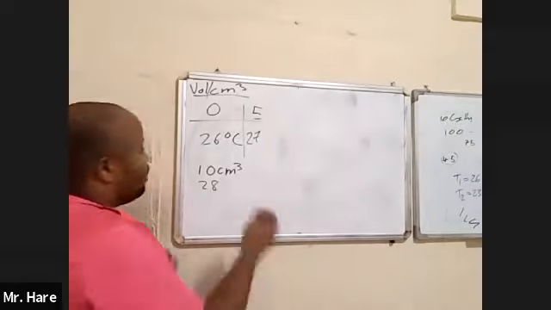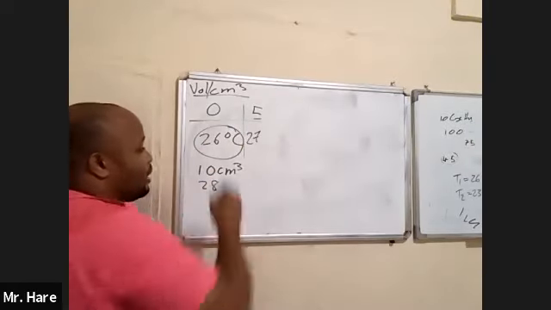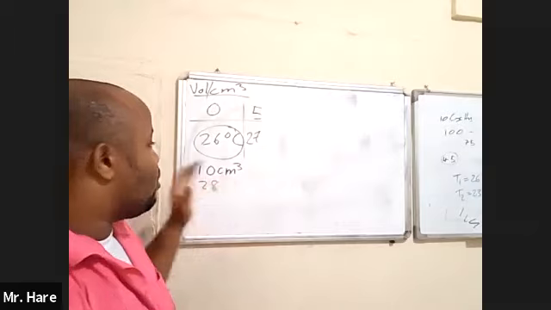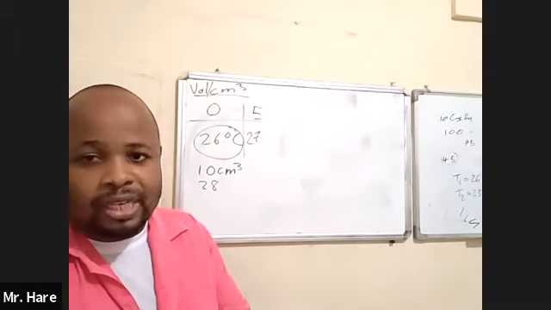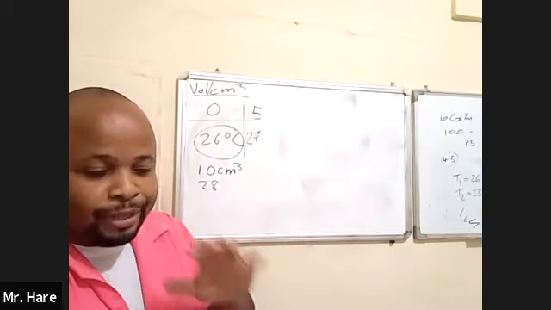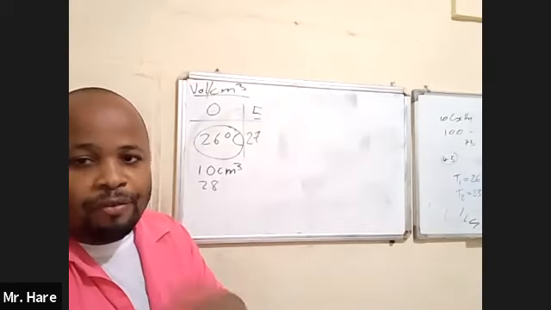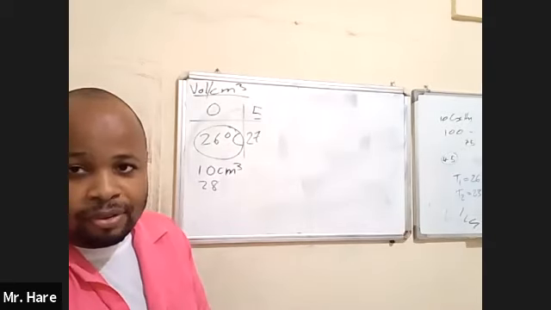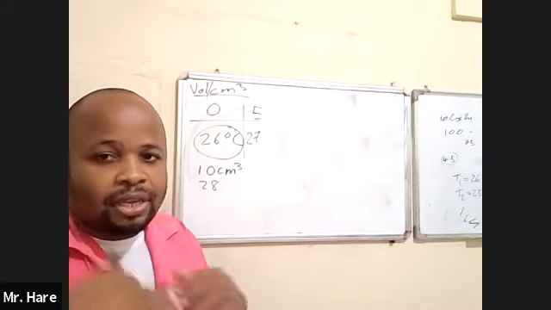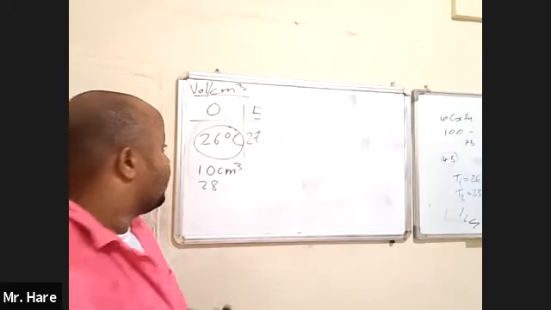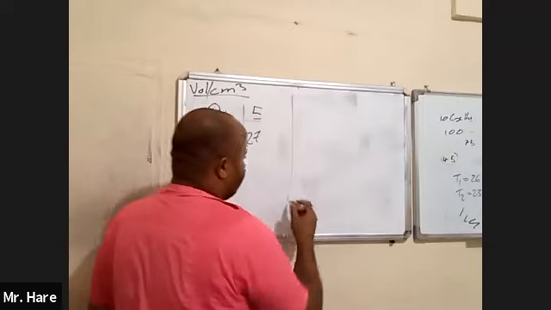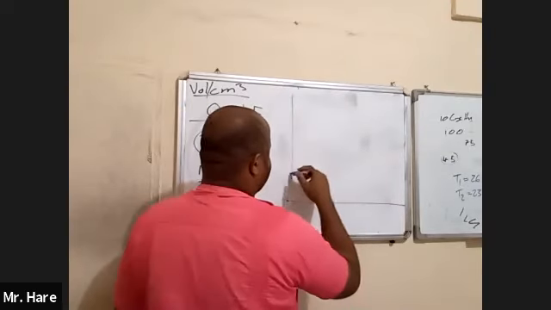The temperature starts at 26 degrees Celsius. If you get a graph to plot and they don't give you a scale, for the lowest temperature you get, you are going to have to break the graph because you need to spread out the data. All right? But this is how your graph will look.